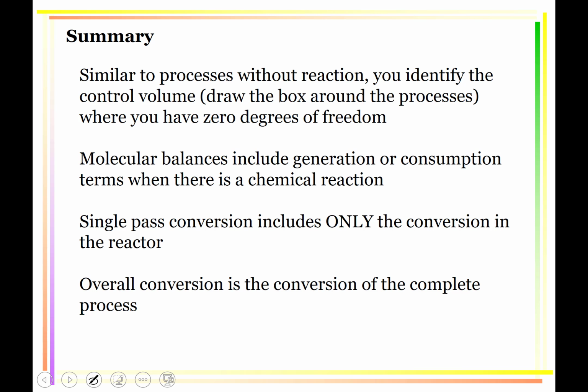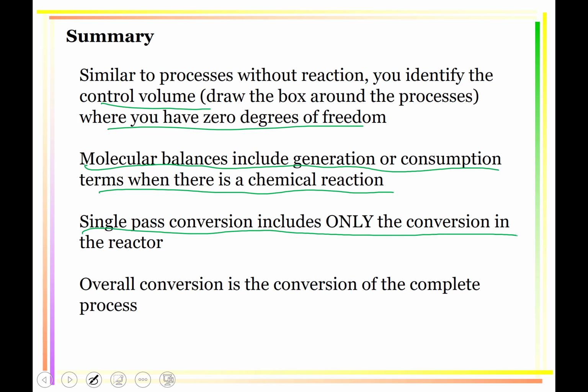You identify the control volume where you can have 0 degrees of freedom. And remember, if you're going to do molecular balances, that you have to include generation or consumption terms when there's a chemical reaction. Single pass conversion includes only the conversion in the reactor, and overall conversion is the conversion of the complete process.